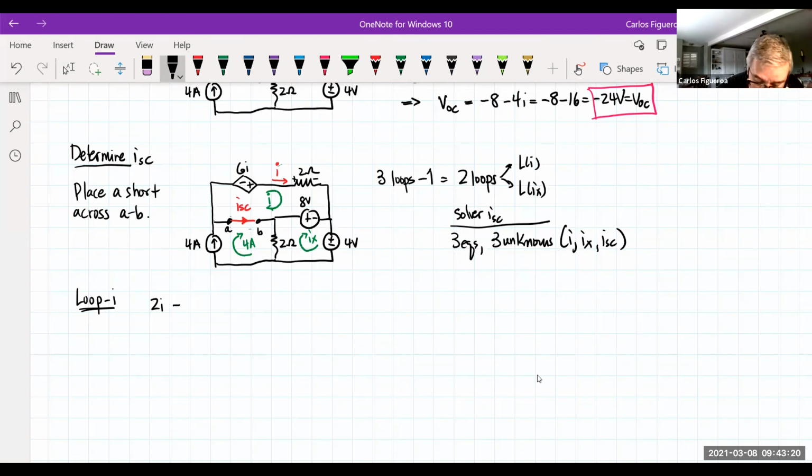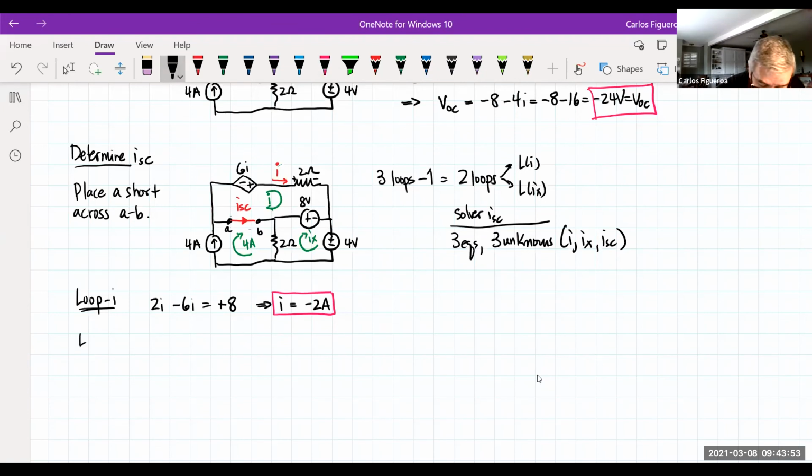So I'm going to get minus 6I equals a minus, and then I take it to the other side, I'm going to get 8. So again, right away, in this case, because of the short, I could immediately get what I is. I didn't really think about that, I has to be minus 2 amps. Okay, so I have the current.